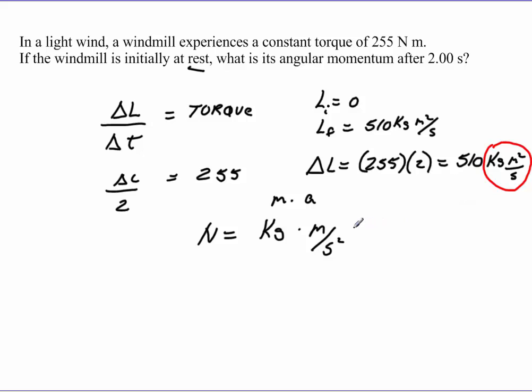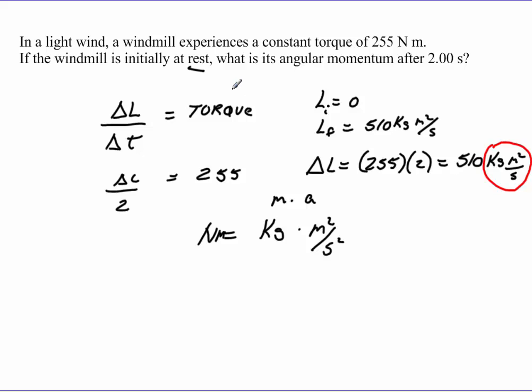If I multiply by time, let's say Newton meters, okay. So 1 Newton meter is equal to kilograms times meter squared over seconds squared. You agree with that?